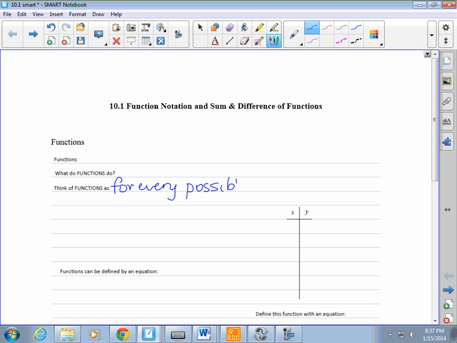So when you have one input value, there is one output value. And that one output value is the key. That's what makes it a function.